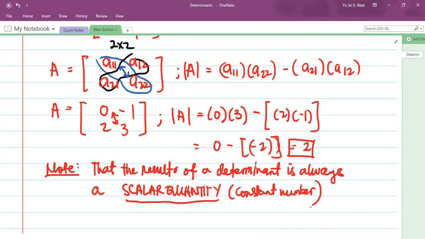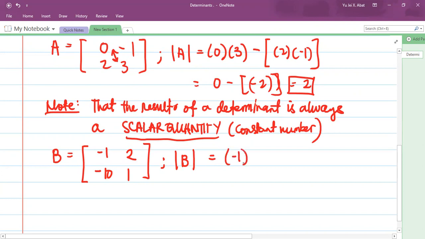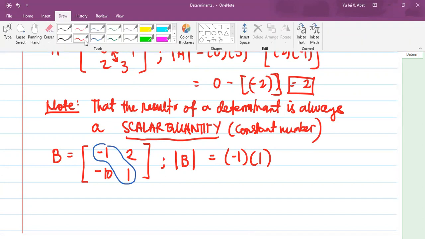Another one. By the way, class, what we get the determinant of is a square matrix. When we say square matrix, the number of rows equals the number of columns. We have B: -1, 2, -10, 1. To find the determinant of B, that would be -1 times 1, from this diagonal, and then minus the product of the other diagonal.